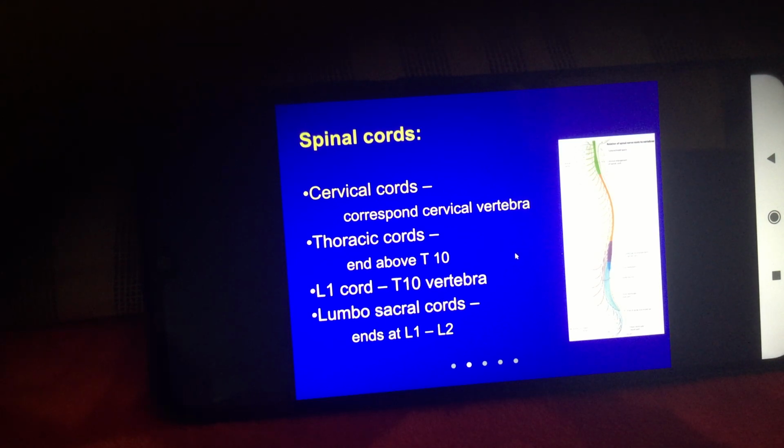Okay, then the cauda equina comes. And here, in between the cauda equina and the cord, there is one structure, and it contains a little bit of the cord and a little bit of the cauda equina. Some medullary elements are there.